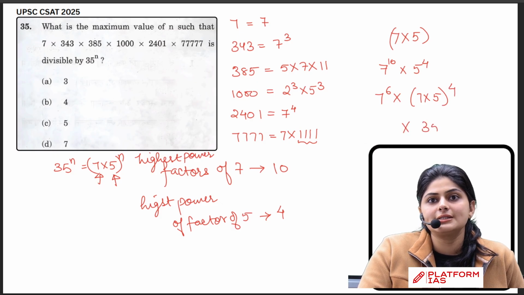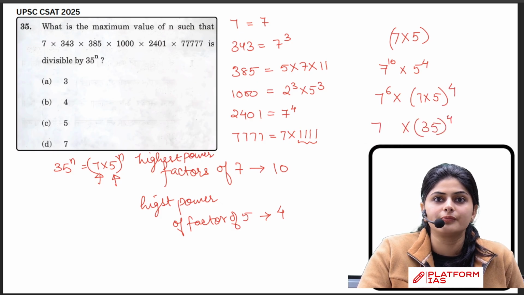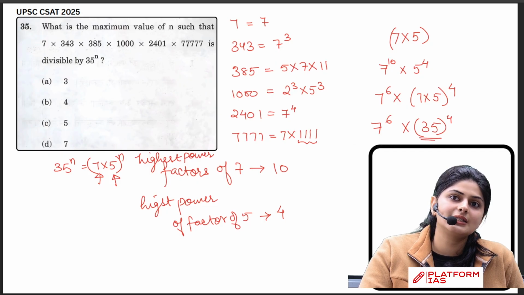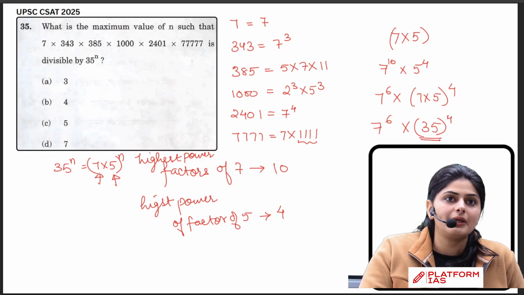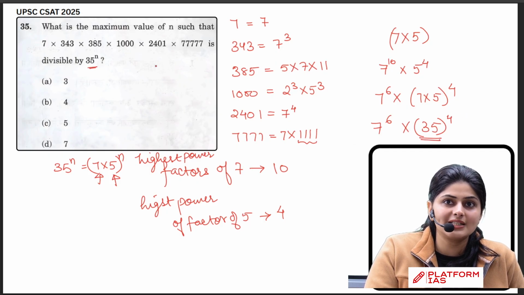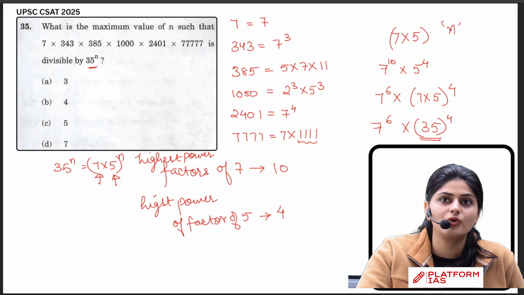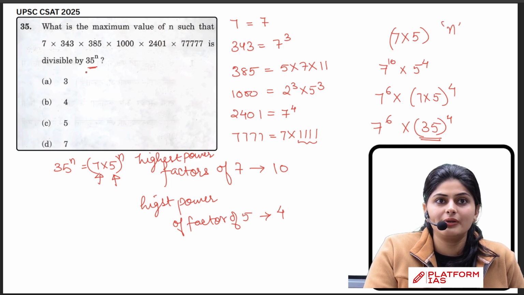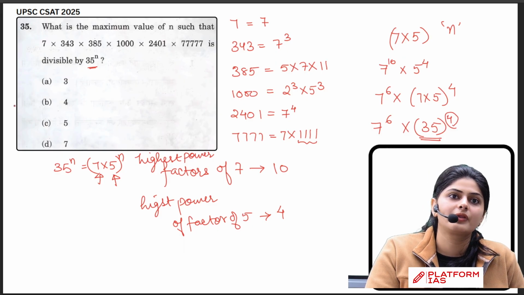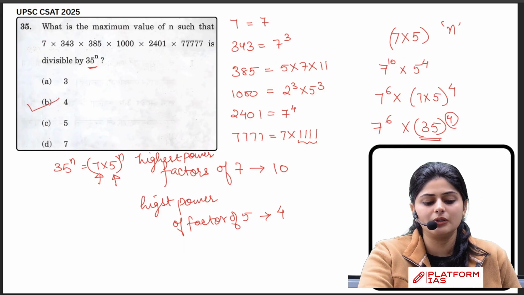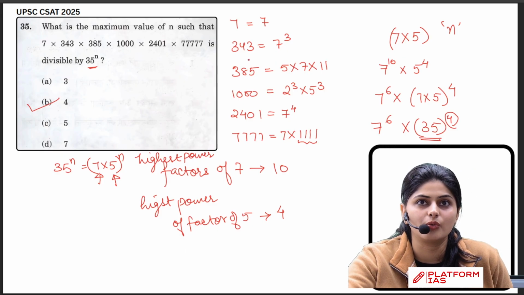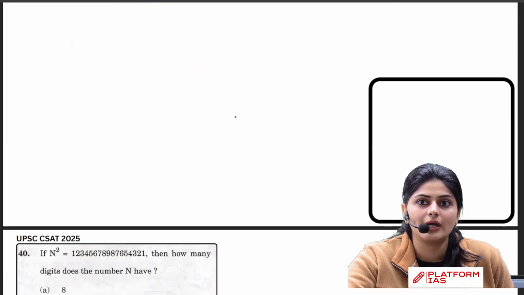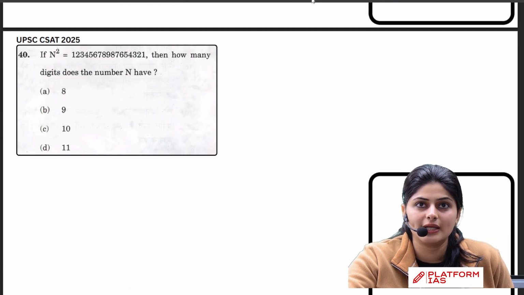So it is 35 to the power 4. That means the maximum value of n for which this product will be divisible by 35 to the power n will be 4. So this product will be divisible by 35 to the power 4. Fine. Okay, I hope it's clear to you. Next, move to the next one now.